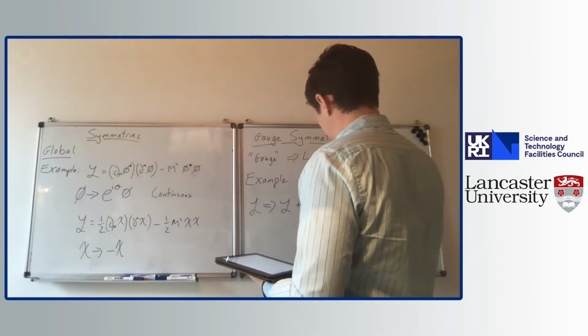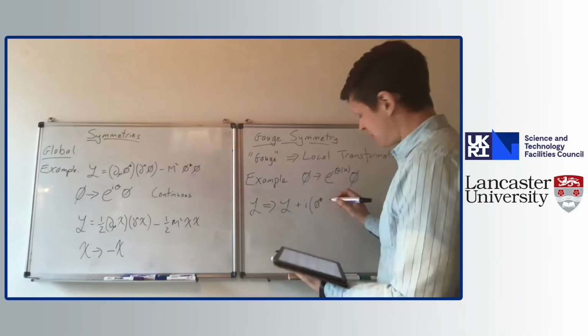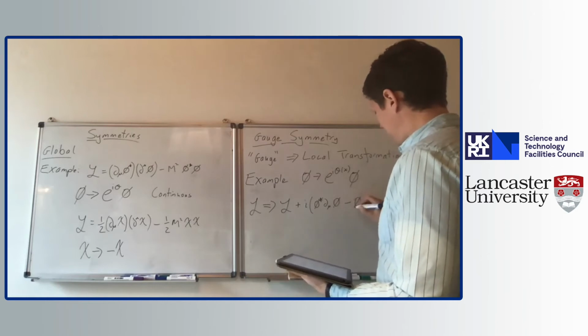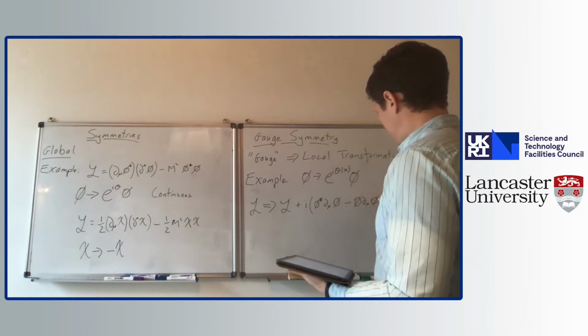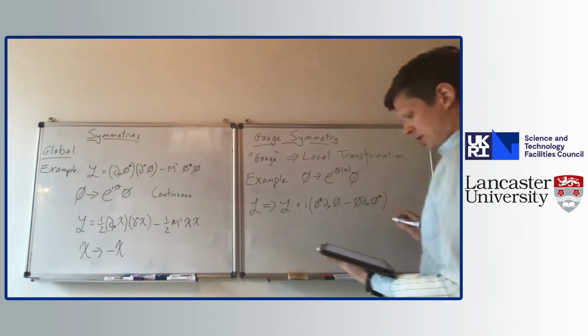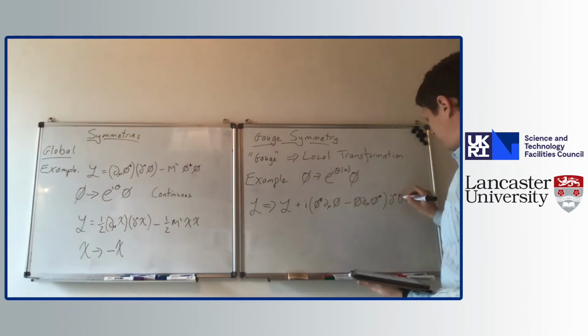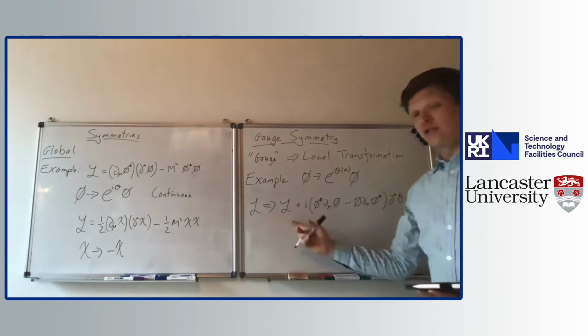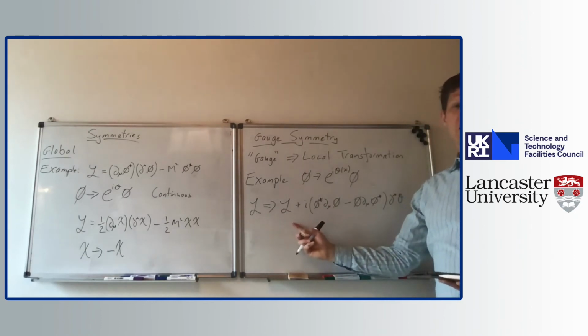Sorry, my handwriting is very messy. Minus phi d mu phi star d mu theta. So theta is now a function of x. So the Lagrangian has not remained unchanged, and this is a big deal.